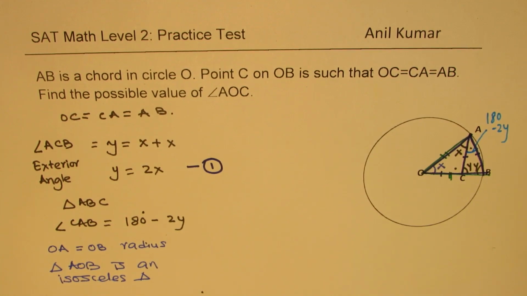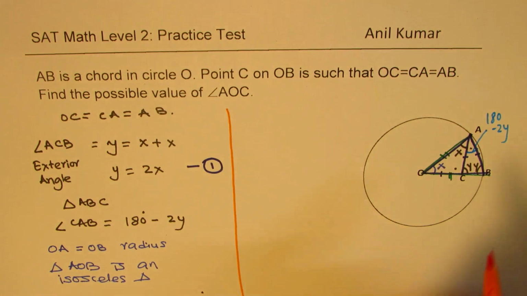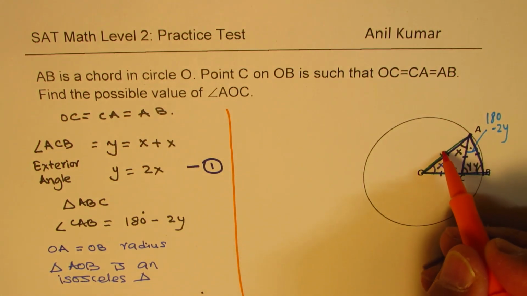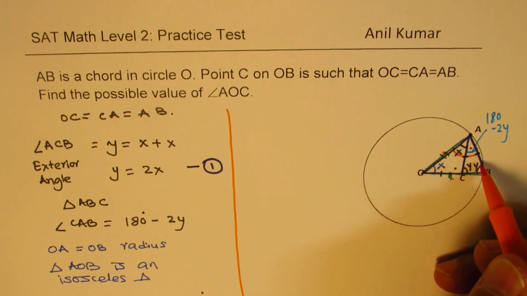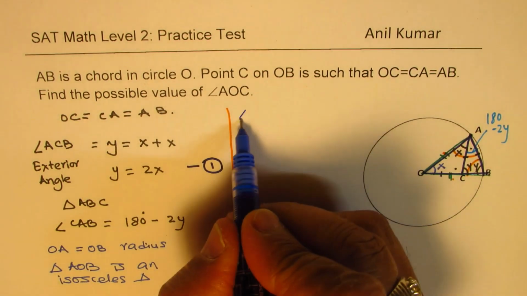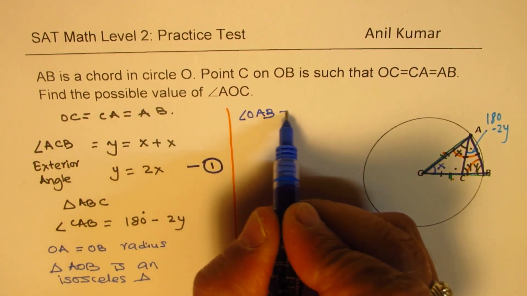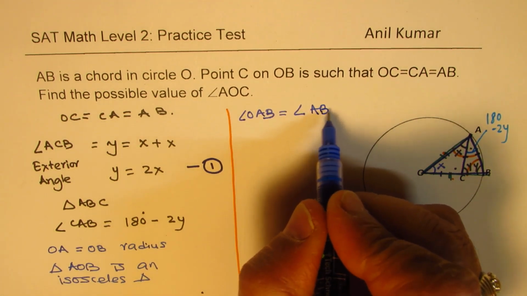This side is equal to that side. That means this angle should be equal to that angle. So that basically means that angle OAB should be equal to angle ABO, correct?